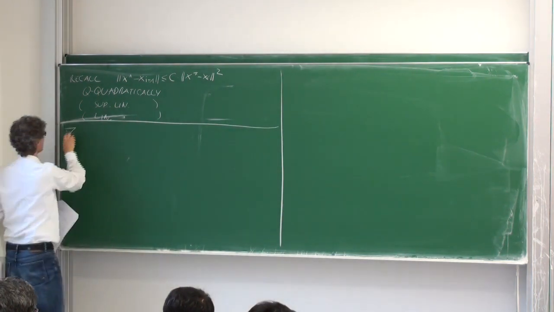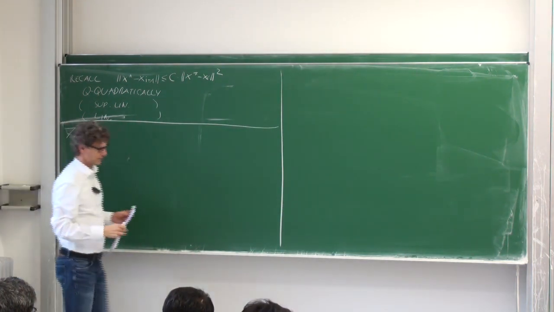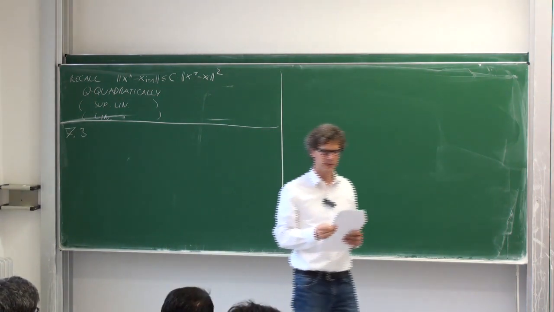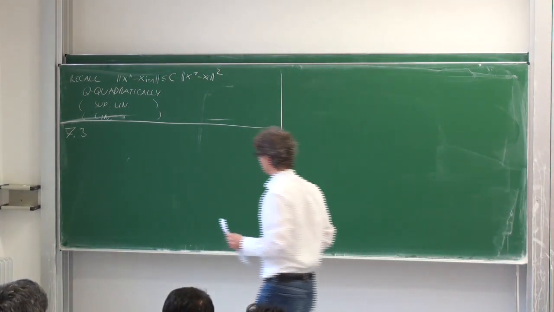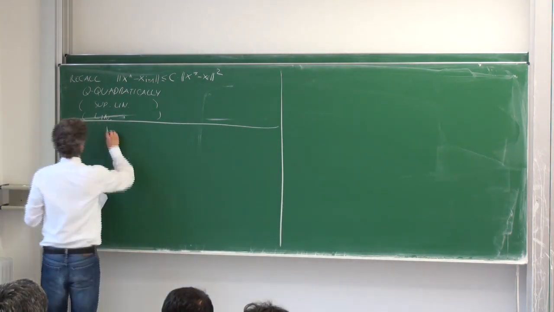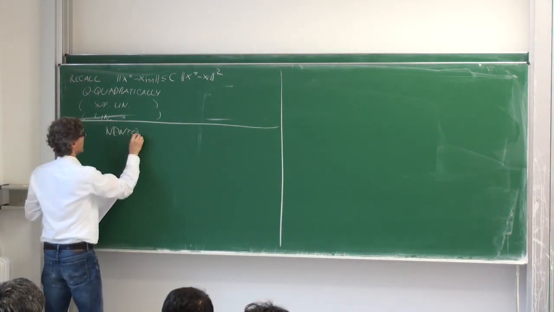But before we do that, I want to frame it by recalling basically what we did last time, but already reordering the language. So what we call a Newton-type method for optimization is the following.